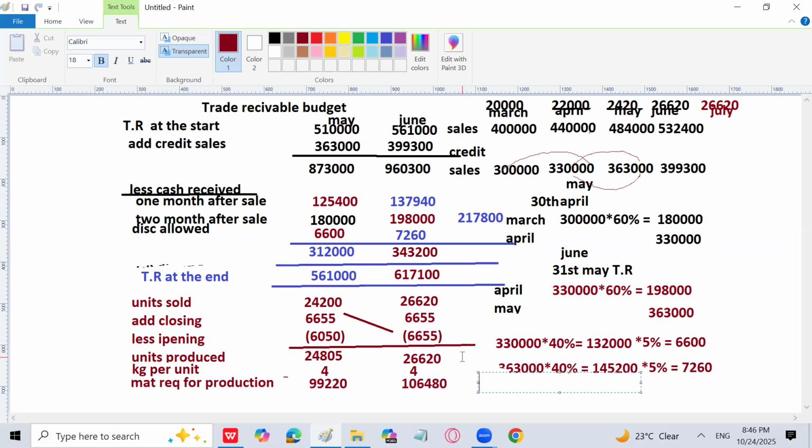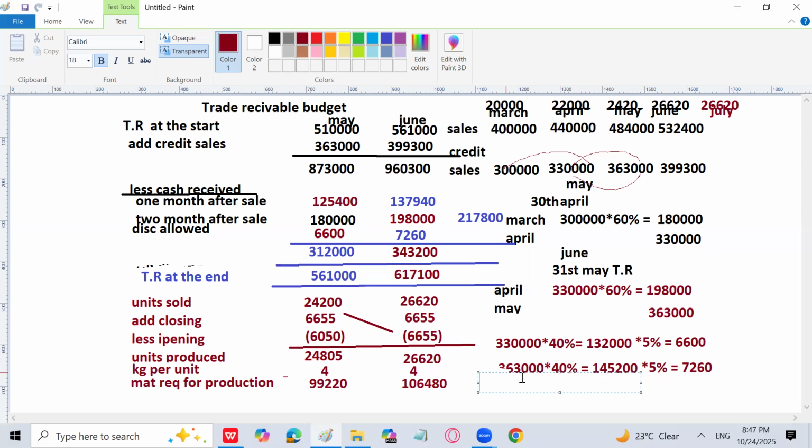So you can find the price per kg also in the same manner. I hope you got the point. And now you can solve it on your own, because I don't have the time required.